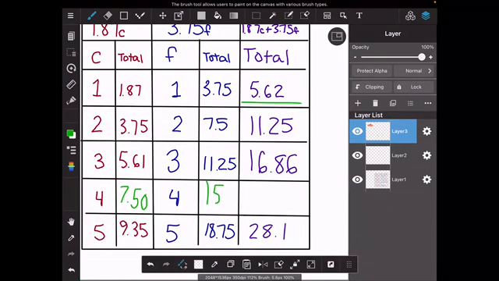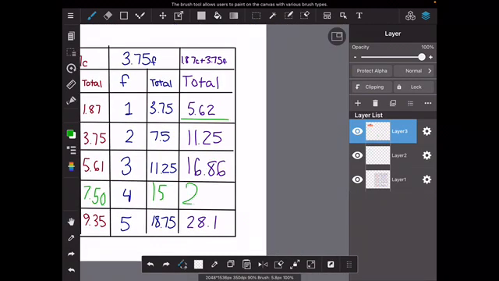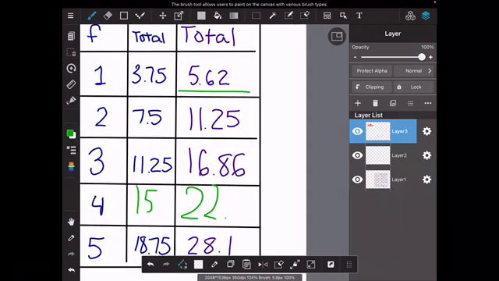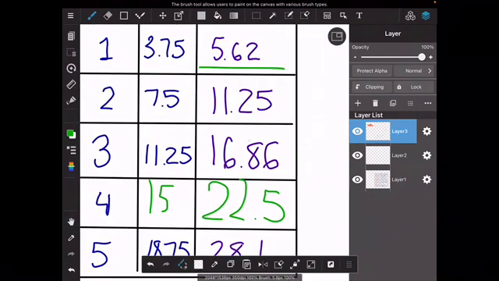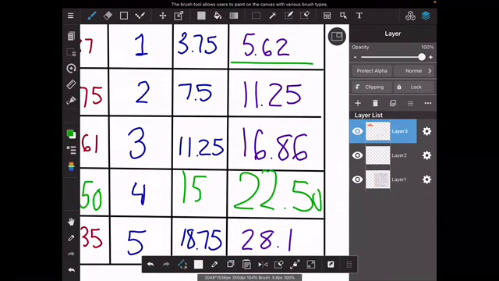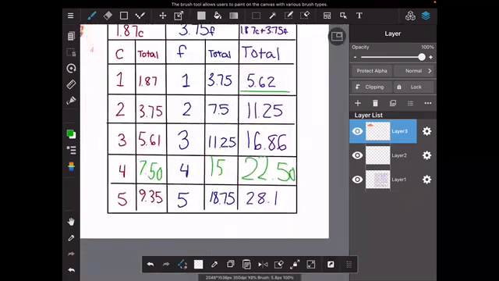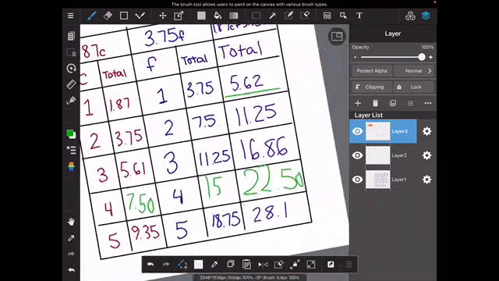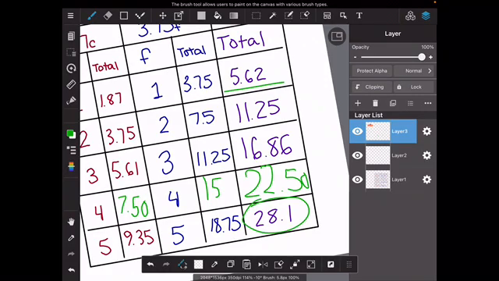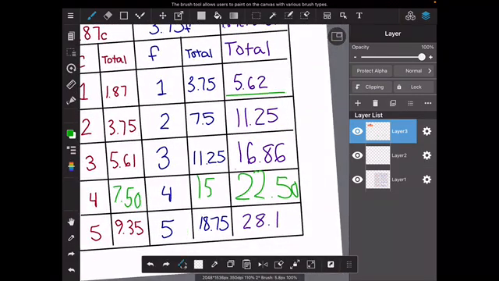Then we're going to add these two together, and that gives us $22.50. Since we have $24, we can't go over that, but the closest number to that is 22.50. So that's our answer.